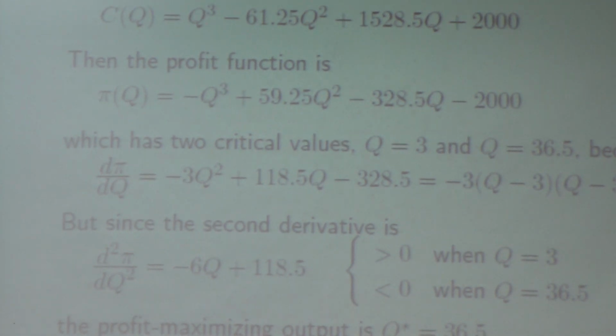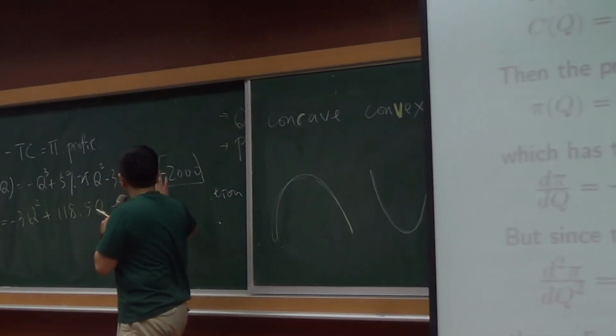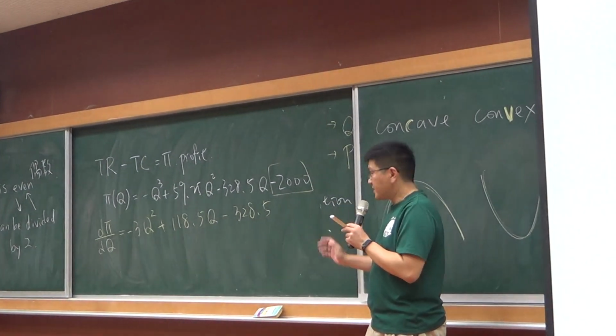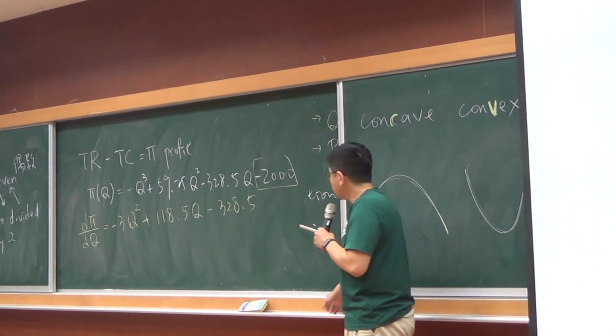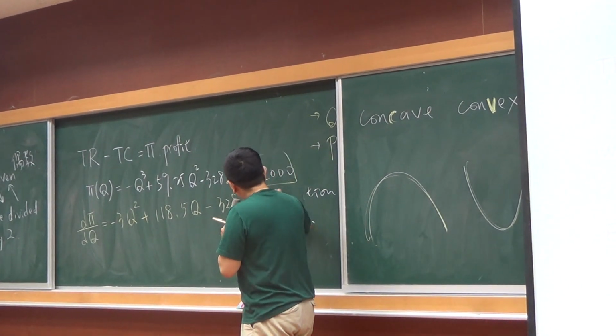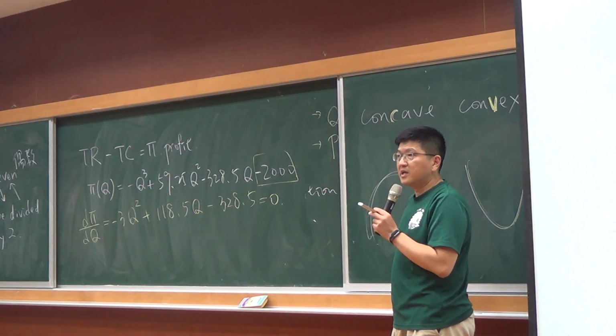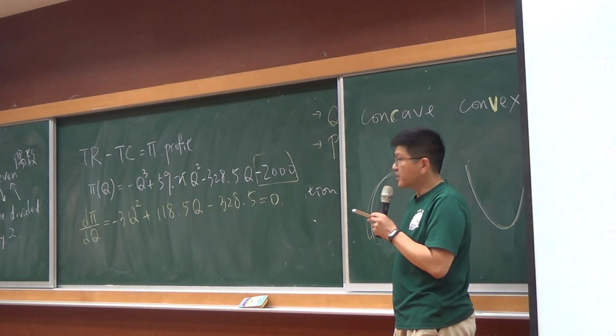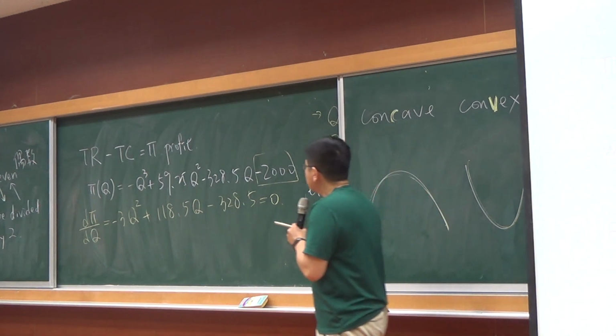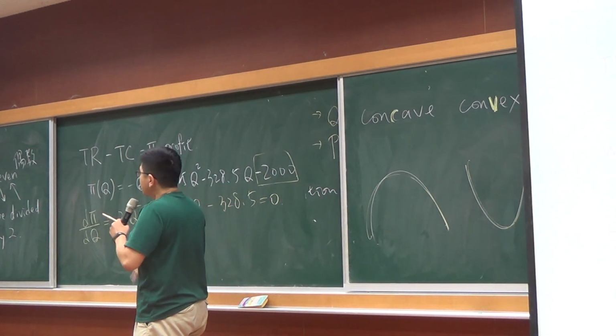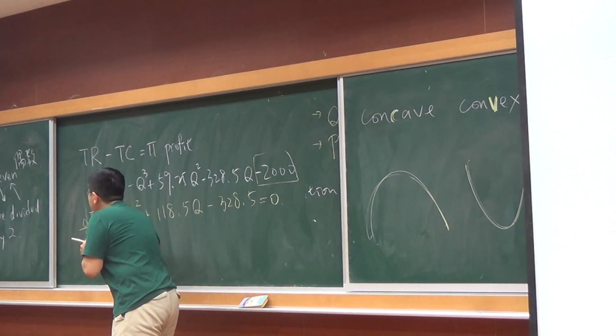Alright, so you see with the first order condition, the total fixed cost doesn't mean anything. And we want the slope to be 0 because we want to apply the first order condition. Okay? And you may do something like this.